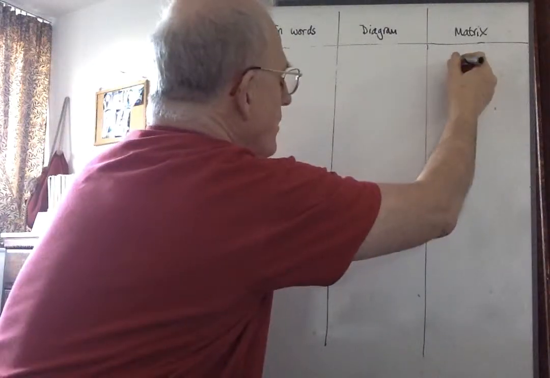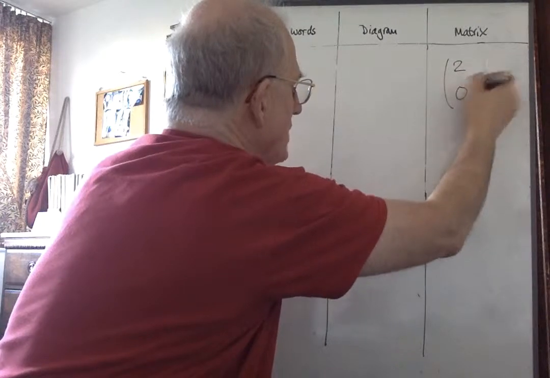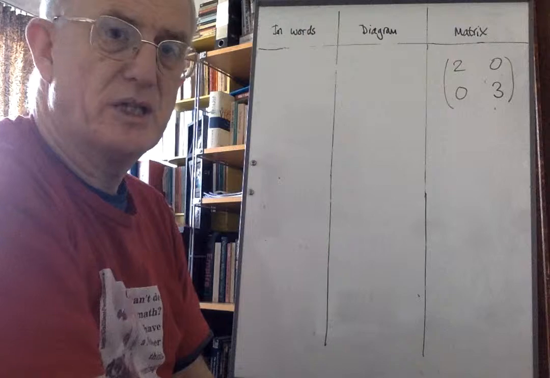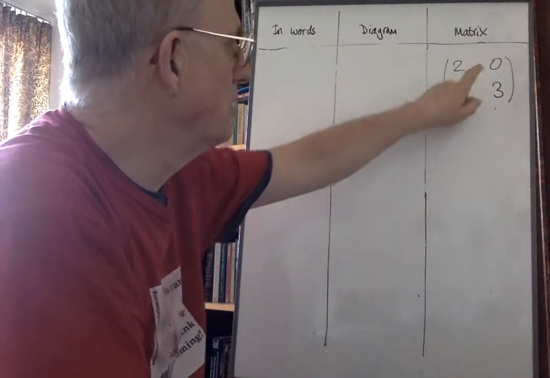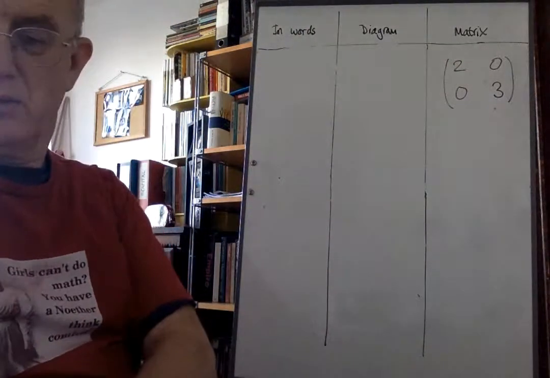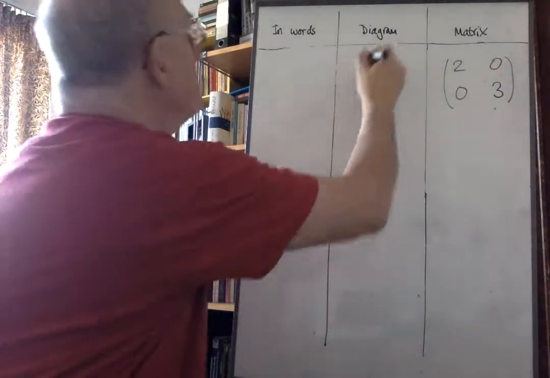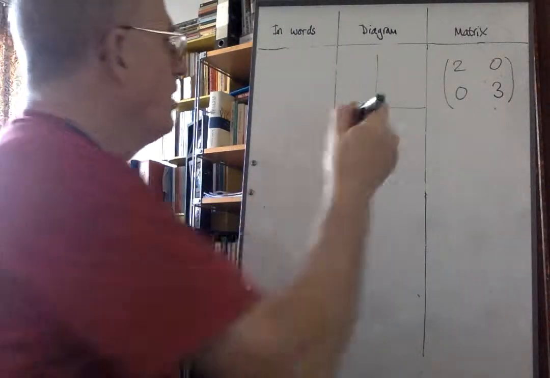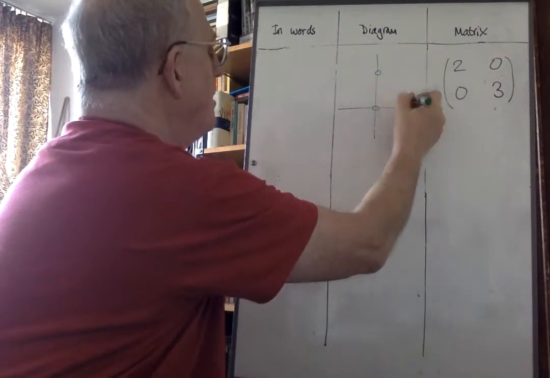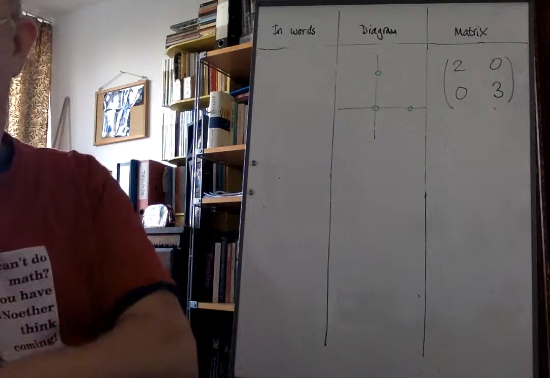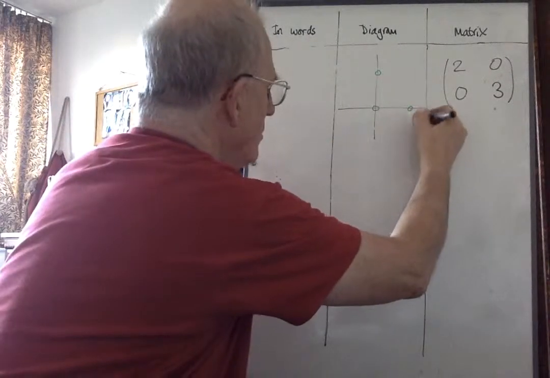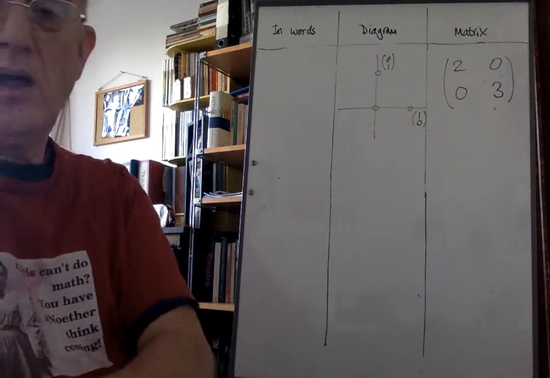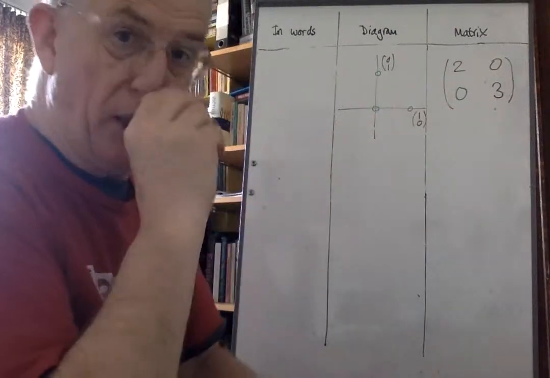Right. We will try one here which hasn't just got ones in it. So it's 2, 0, 0, 3. So we draw the diagram. We mark in the 3 points, we label their coordinates and we look to see where they go.